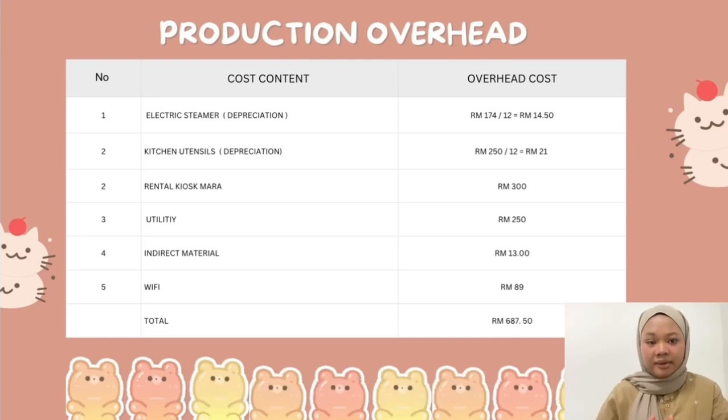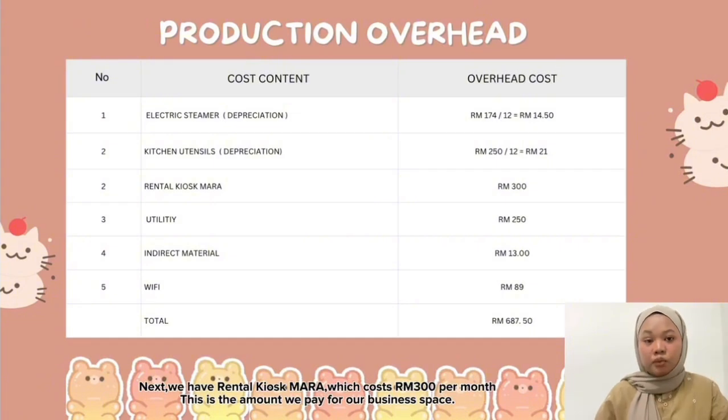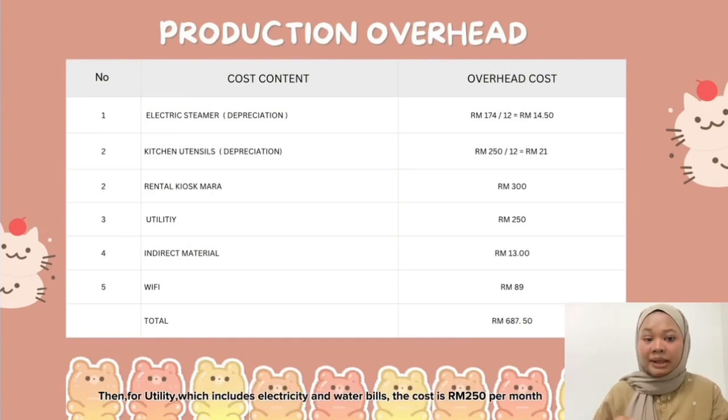Next, we have rental kiosk Mara, which costs 300 ringgit per month. This is the amount we pay for our business space. Then, for utilities, which include electricity and water bills, the cost is 250 ringgit per month.